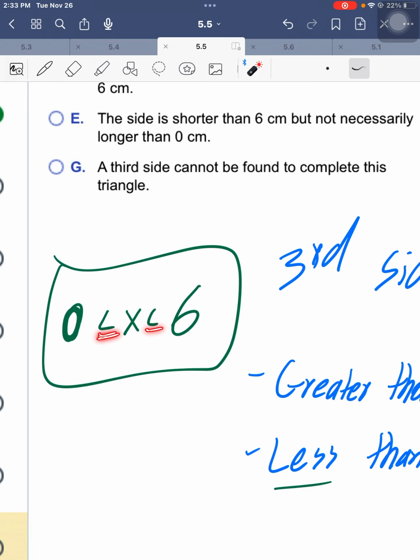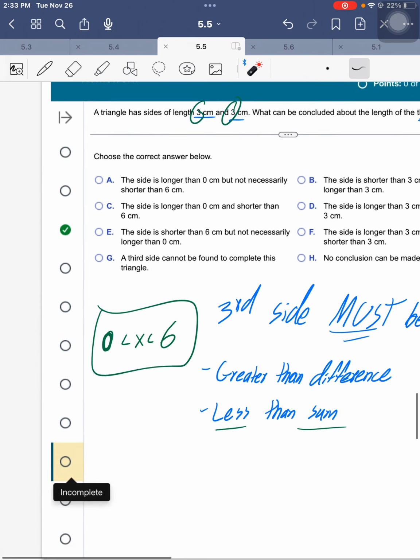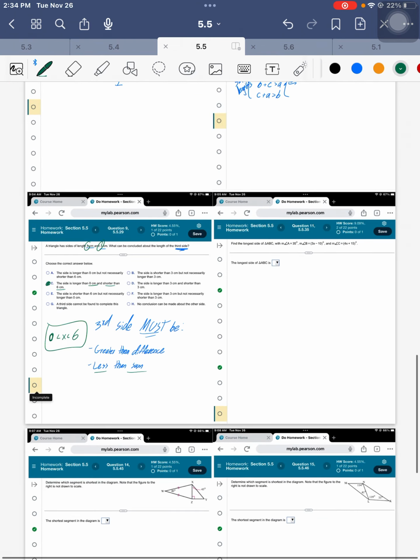Remember, the reason we say not including is because we don't have the little half an equal sign there. It's not less than or equal to, it's just less than. Okay, so x is greater than 0 and x is less than 6. So what will be my answer? C. The side is longer than 0 and shorter than 6.